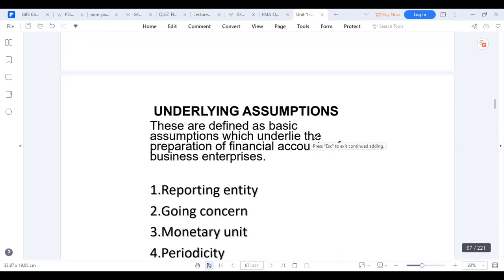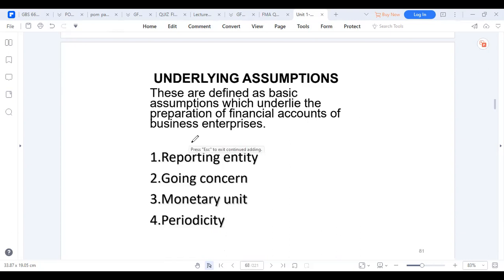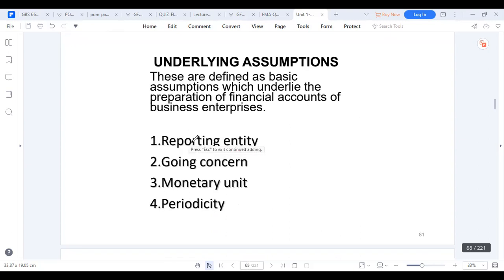So we also have underlying assumptions. 5 key underlying assumptions that underlie financial accounting. So number 1, reporting entity. This simply implies that you must assume a company to be different from its owners.